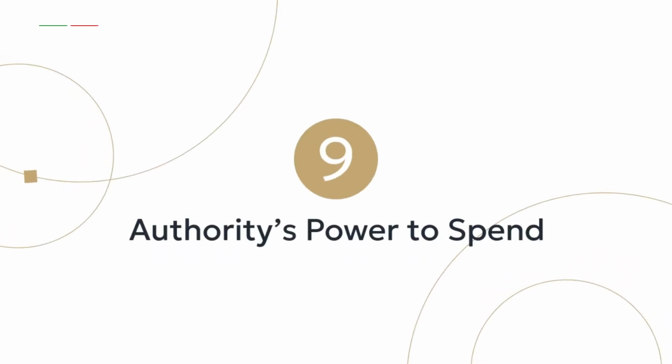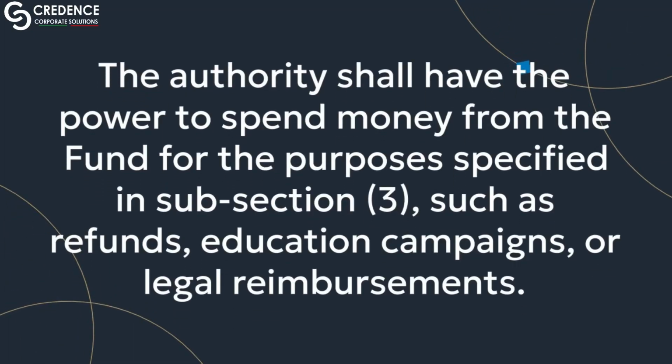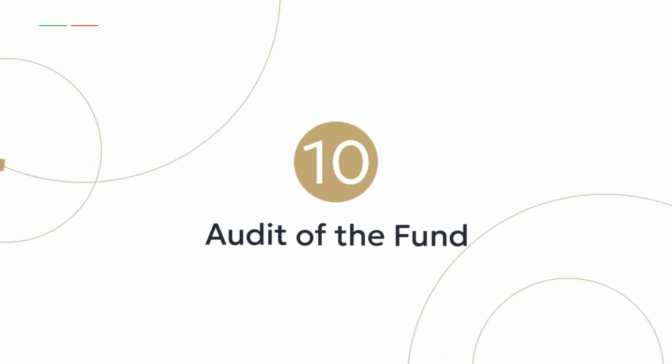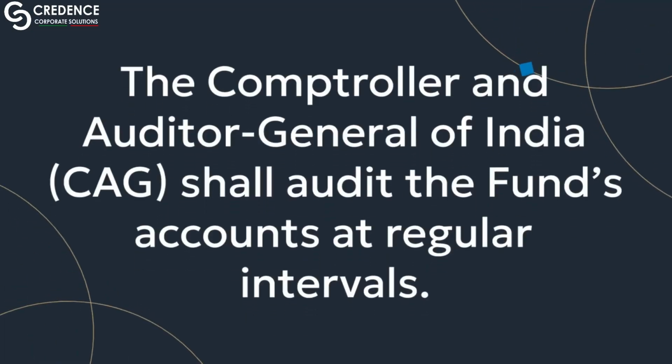9. Authority's power to spend. The authority shall have the power to spend money from the fund for the purposes specified in subsection 3, such as refunds, education campaigns, or legal reimbursements. 10. Audit of the fund. The Comptroller and Auditor General of India, CAG, shall audit the fund's accounts at regular intervals.